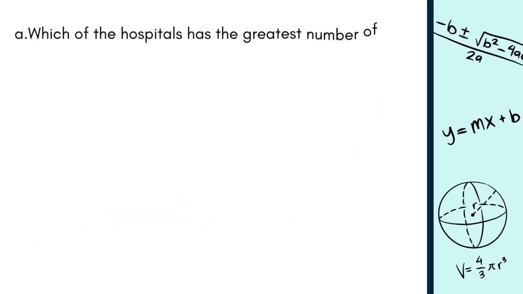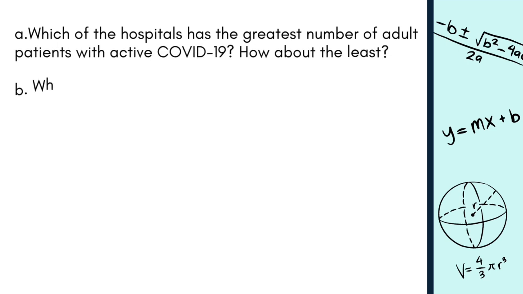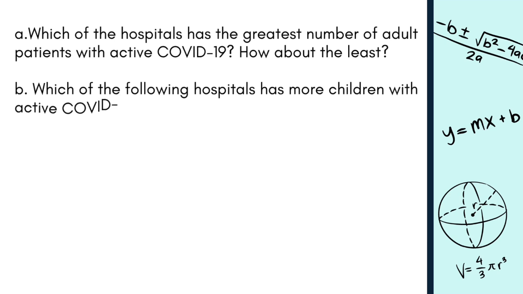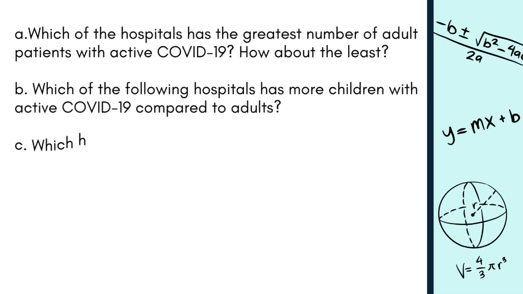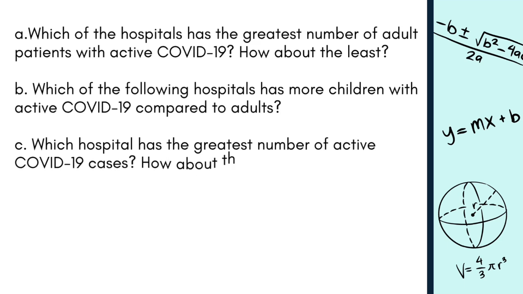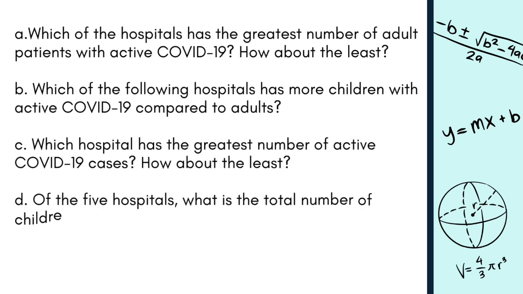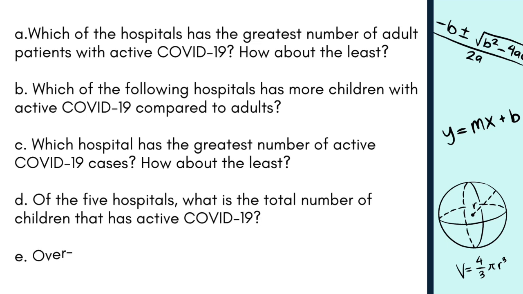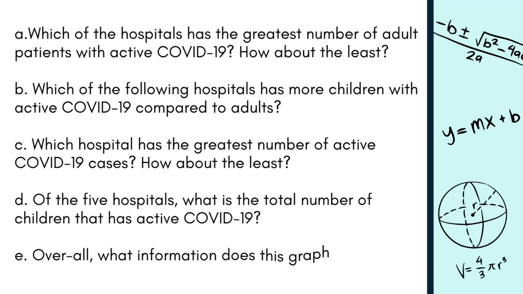Now, okay, these are the questions that we need to answer. So which of the hospitals has the greatest number of adult patients with active COVID-19, and how about the least? Letter B, which of the following hospitals has more children with active COVID-19 compared to adults?